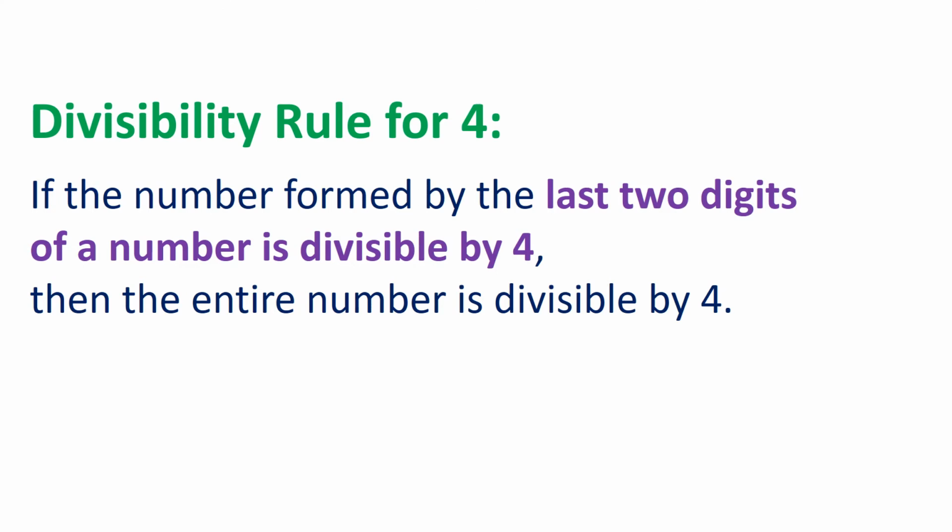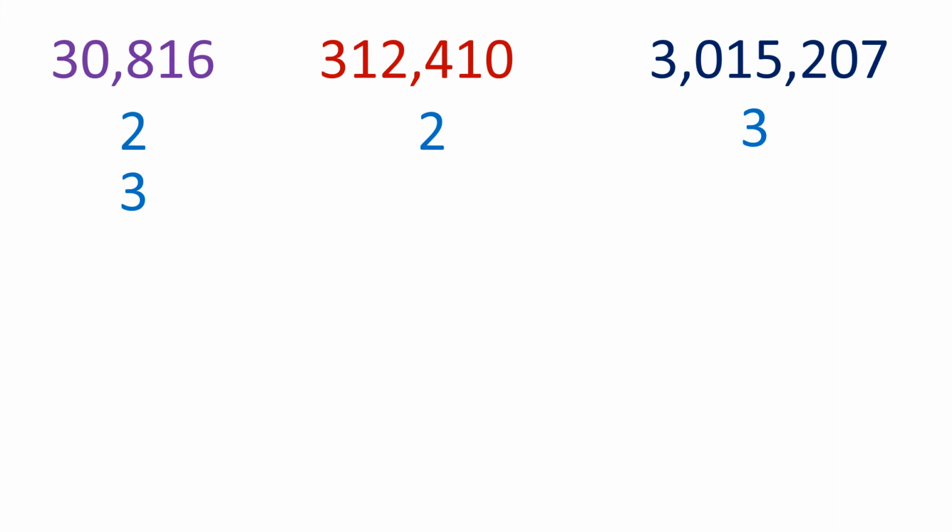Next is we want to know if those numbers are divisible by 4. So the divisibility rule for 4 is if the number formed by the last two digits of a number is divisible by 4, then the entire number is divisible by 4. Now let's apply it to our given numbers.